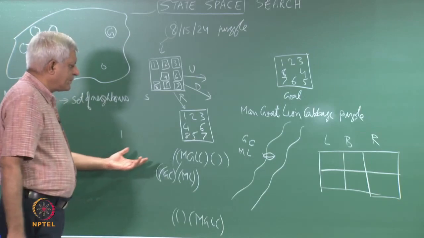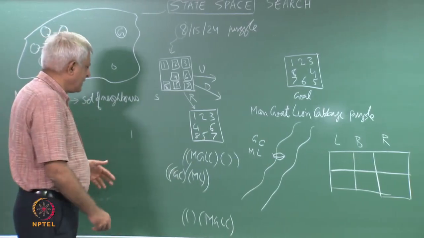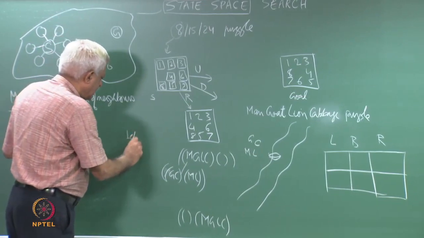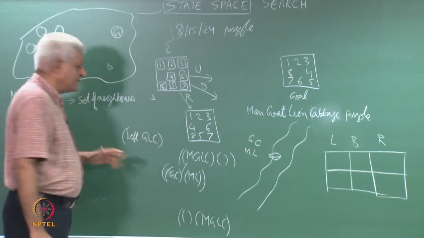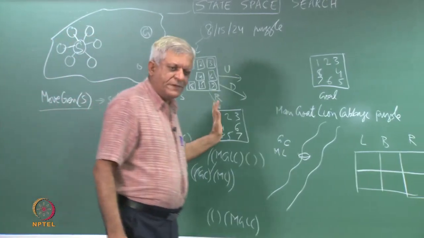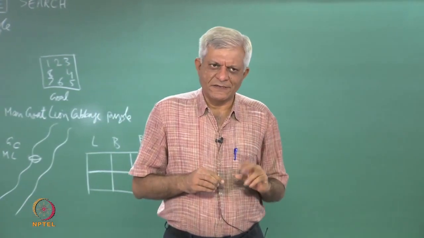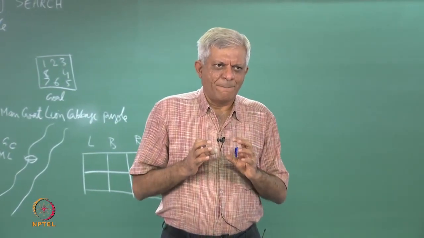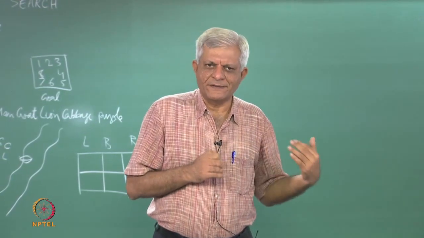Let us say I do not represent the man, I am just trying to explore different possibilities. I just say left, G L C, and this is my representation. What I mean by this is the boat is on the left hand side, which means the man is also on the left hand side, and along with the man there are the goat and the lion and the cabbage alongside.